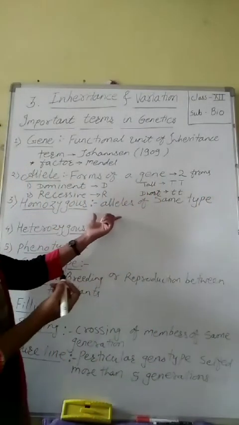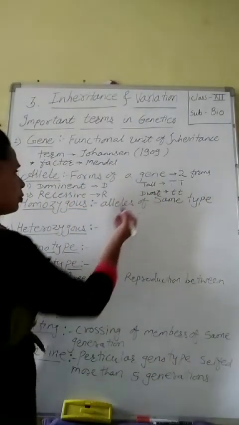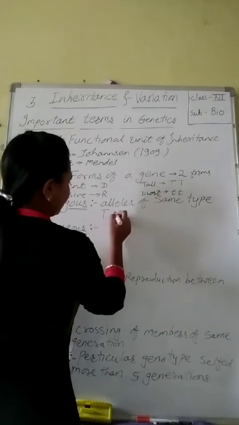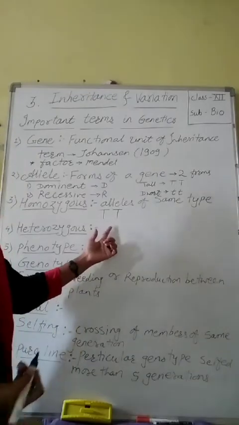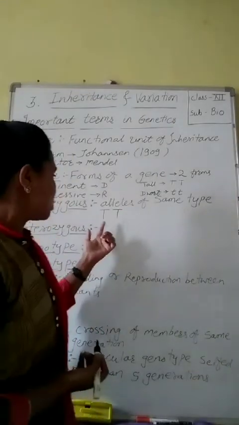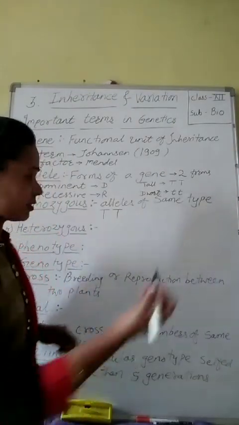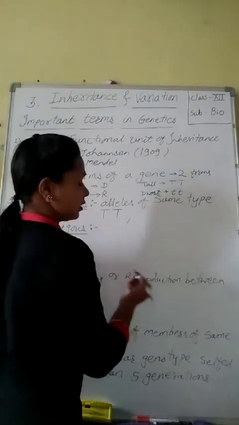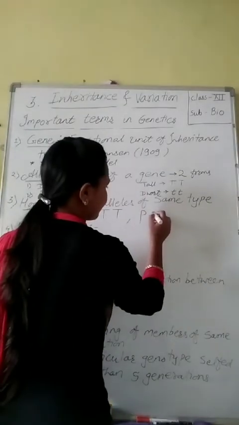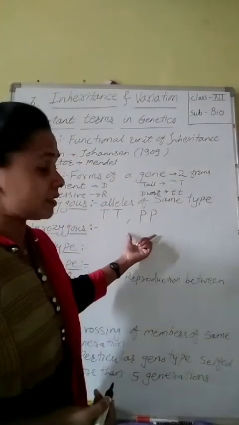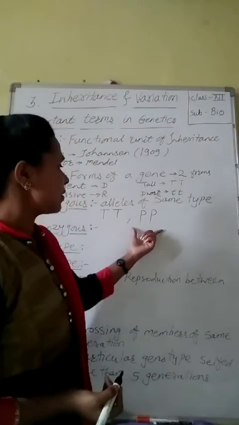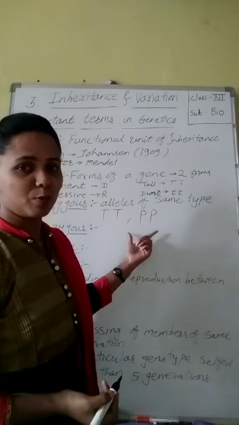Suppose these are capital T and capital T, these two alleles are having the same type, both are dominant, so these are called homozygous. Suppose we take another one, purple color and purple color, both are having purple color, means they are having homozygous alleles, both are homozygous gametes.